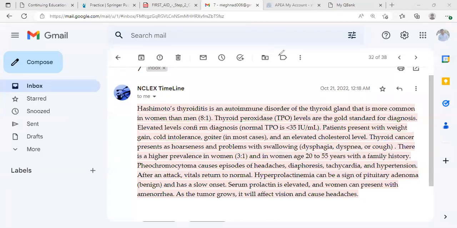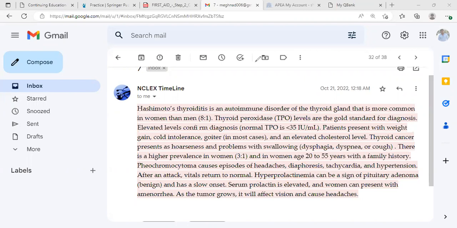Another condition here is called hyperprolactinemia. What is that? Hyperprolactinemia can be a sign of pituitary adenoma, and it is a benign condition. But pituitary adenoma, it is hyperprolactinemia, right? Has a slow onset, and serum prolactin is elevated.